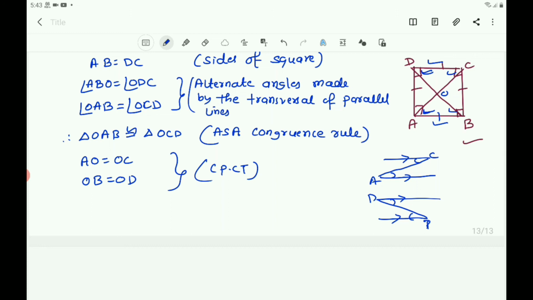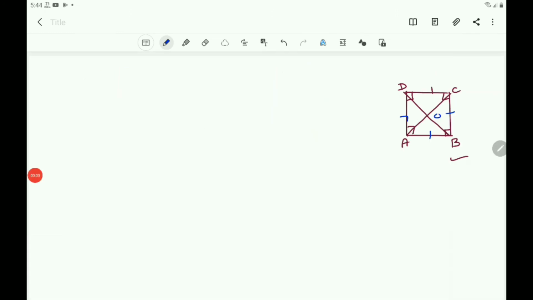And here we have to prove that diagonals bisect at right angles. Means we have to prove that at point O, the angles are right angles. To show that, write the names of the adjacent triangles.